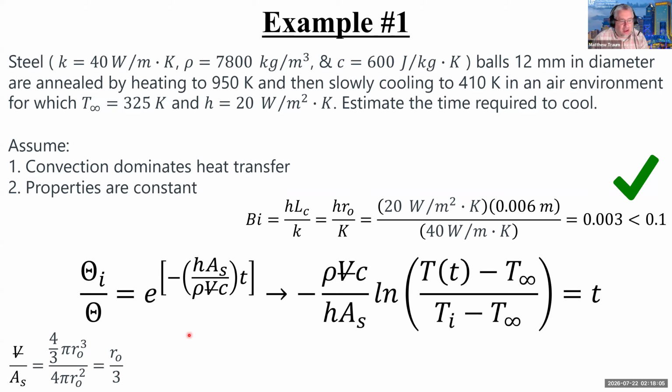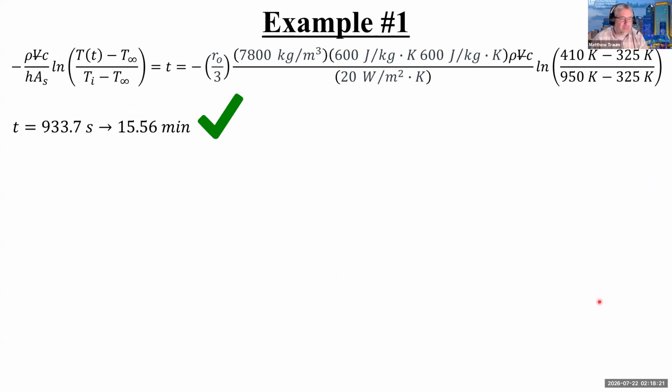I'm interested in the amount of time that it takes to cool down. So I'm going to remember that to get here, I had to exponentiate everything. I just undo that, right? So I'm just going to do the reverse of it and get here, solving for t. Okay. And then I just plug in numbers, right?